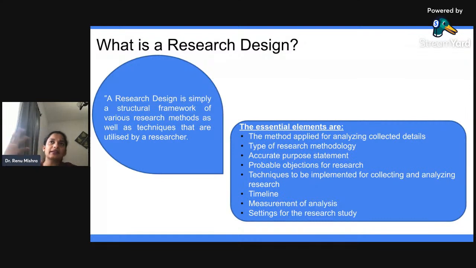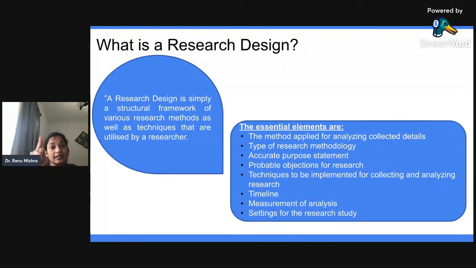In sample characteristics, they ask you what the characteristics of your sample will be. For example, you're looking for people who fall in the range of 25 to 35 years of age, who have 5 years of experience, and who have education credentials of a master's. So these are the sample characteristics.